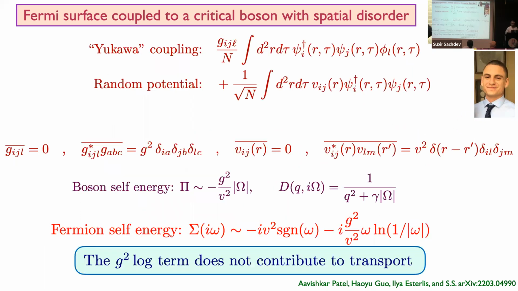And what you find in the end is that even though there is a rather singular term, the electron self-energy, just like in the pure problem, this doesn't contribute a singular term to the transport, this thing that involves both interactions and randomness. It's proportional to G squared, so it involves the interactions, and the V is just the potential scattering. So it doesn't do it.